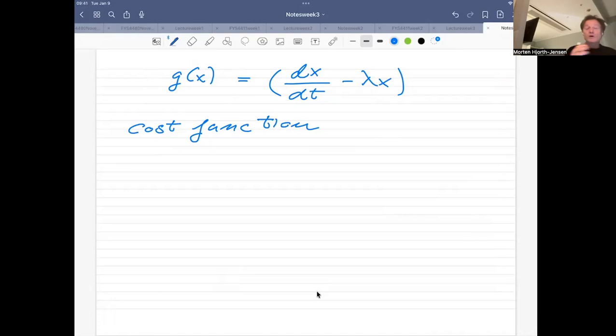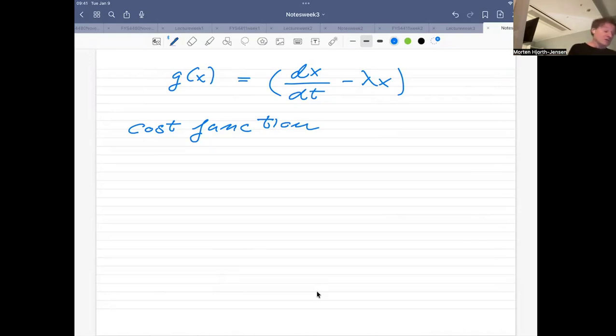This is one of the simplest possible ways we can get started with looking at the solution of differential equations with neural networks. So we define a cost function, which is simply g of x squared, and then we do that for all the possible values x_i which we are setting up.